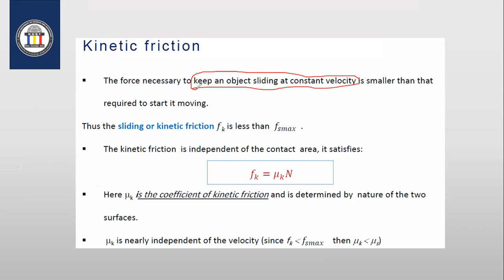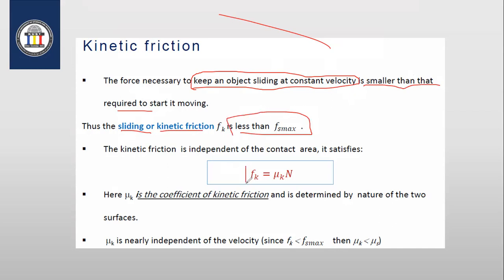It is smaller than that required to start movement. So always the static friction is bigger than the kinetic friction. The sliding or kinetic friction is always less than the static friction.